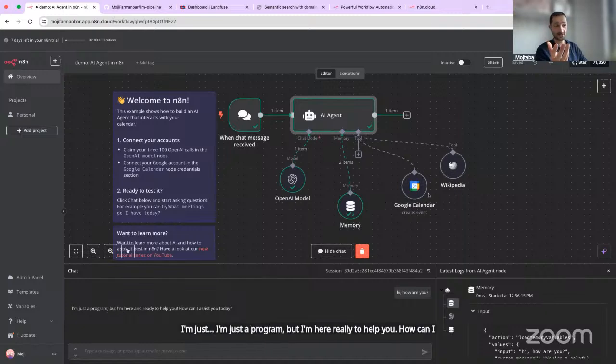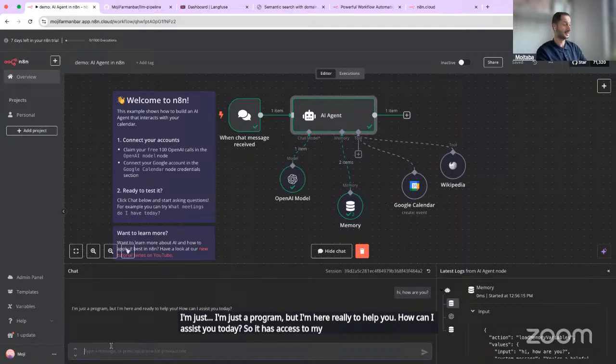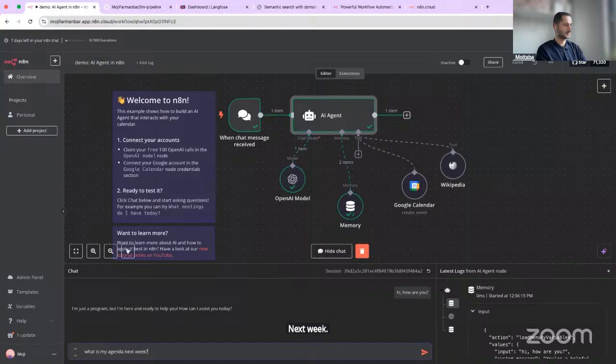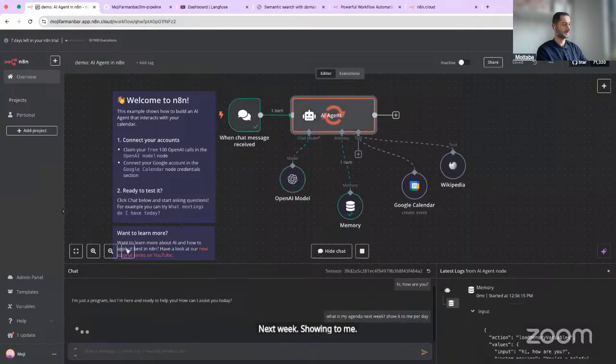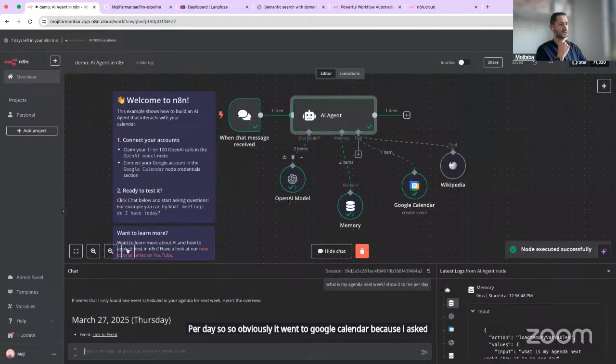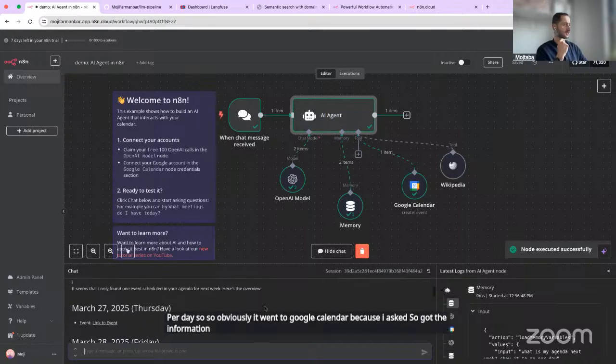So it has access to my Google Calendar. I would say, what is my agenda next week? Show it to me per day. Obviously it went to Google Calendar because I asked, got the information, and now it's generating the answer.